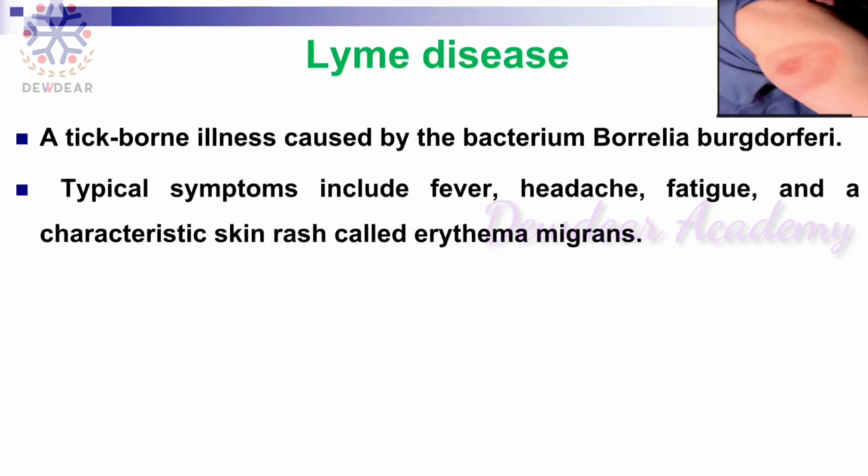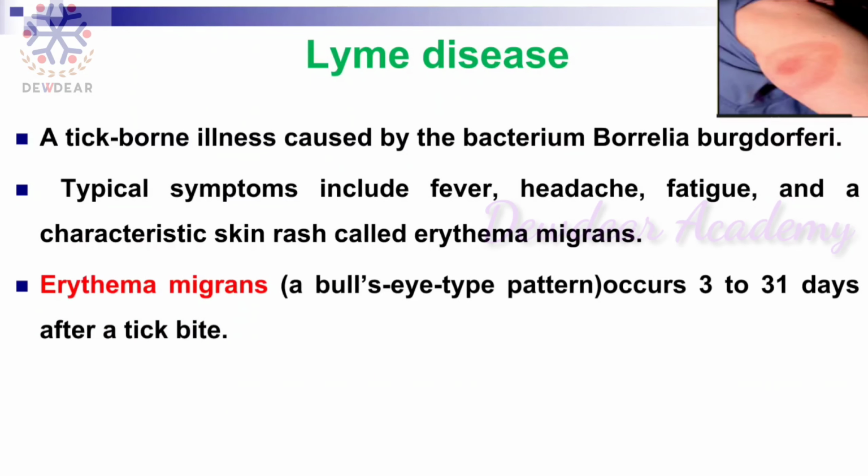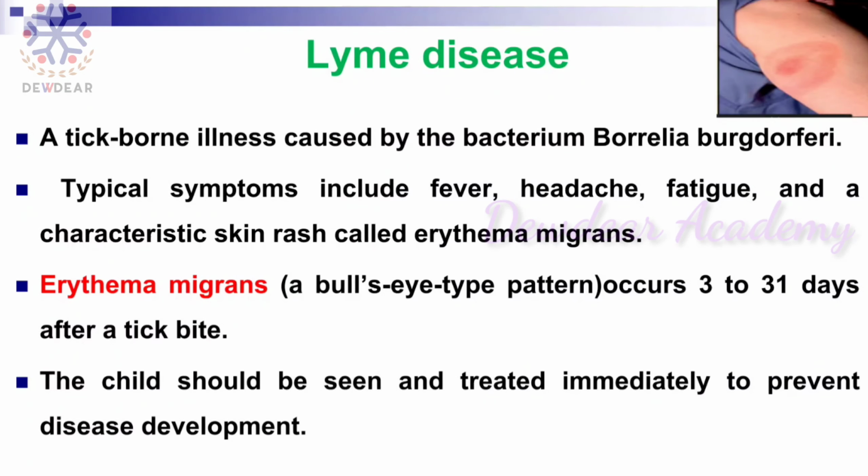The typical symptoms include fever, headache, fatigue, and a characteristic skin rash called erythema migrans. So erythema migrans, that means a bullseye type pattern that occurs 3 to 31 days after a tick bite, and the child should be seen and treated immediately to prevent the disease development.